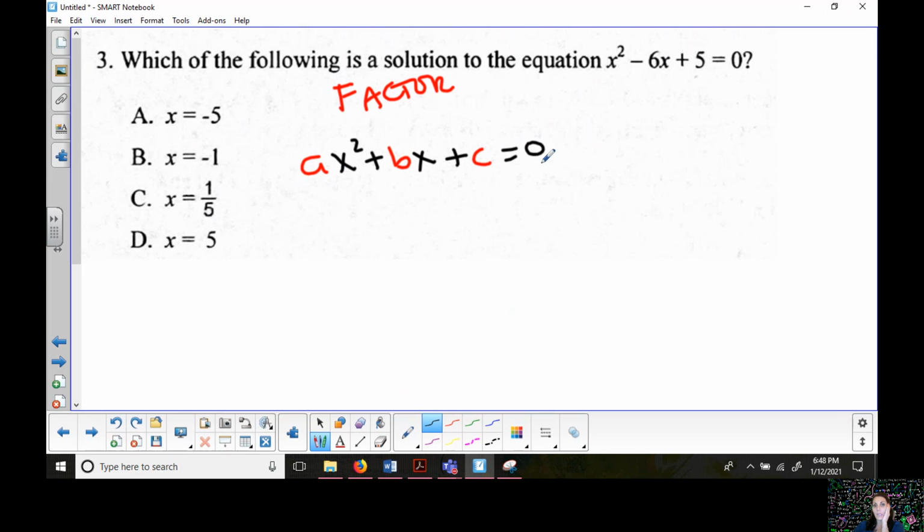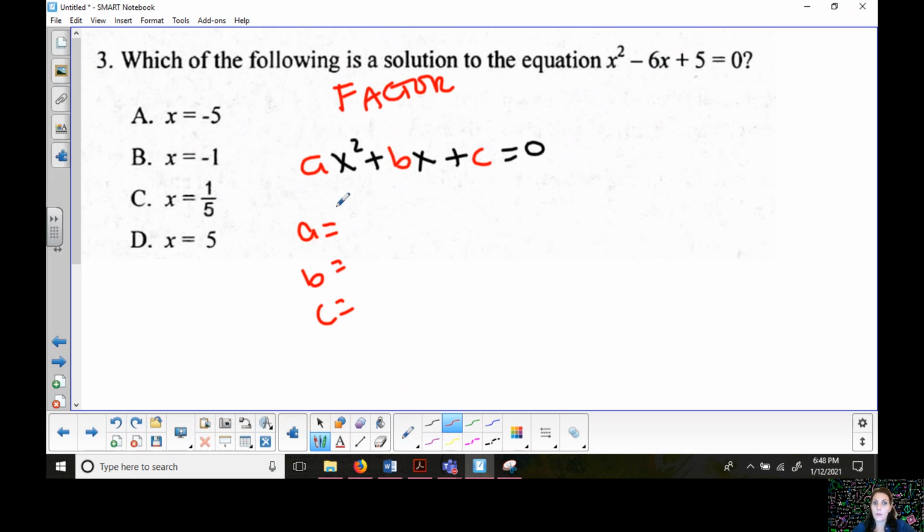This right here is standard form for a quadratic, where A, B, and C are all numbers. So the first thing that you want to do when you are solving quadratics is identify your A, your B, and your C.